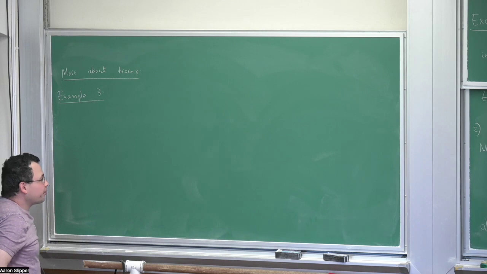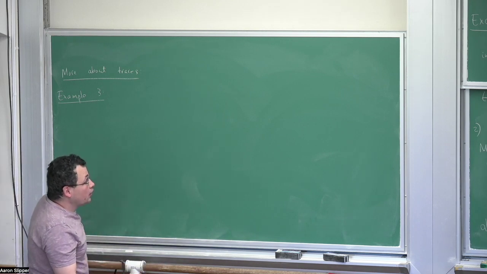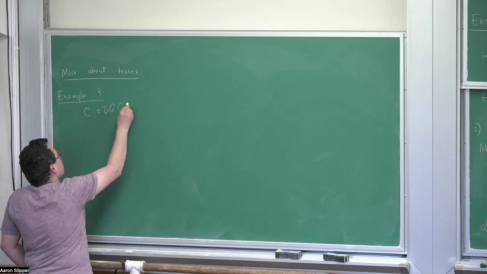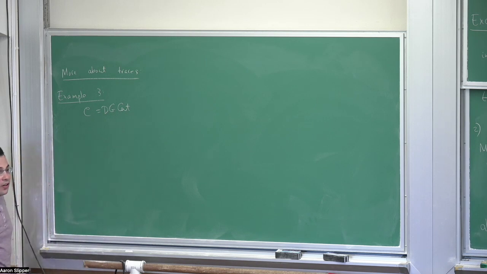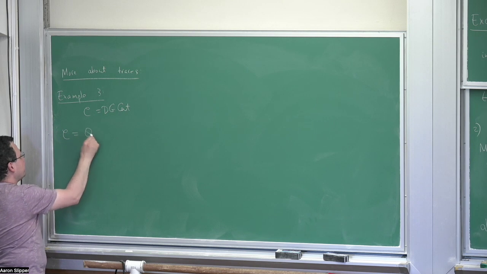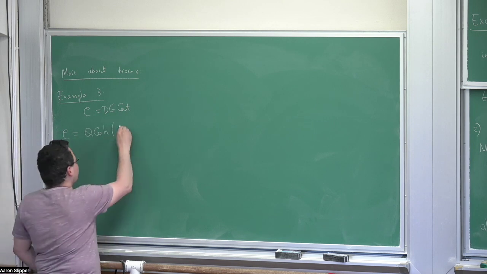C is still a category. Now my category is not a random DG category, but it's quasi-coherent sheaves.